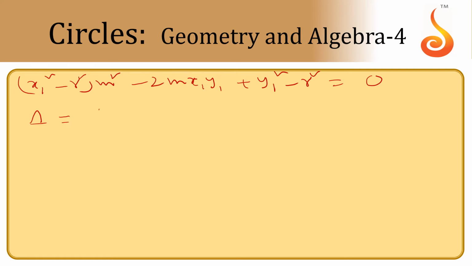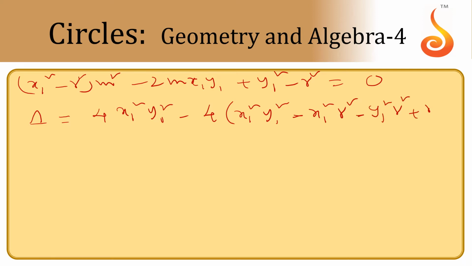So delta equals 4x1 square y1 square minus 4 times x1 square y1 square minus x1 square r square minus y1 square r square plus r power 4. So 4 common. If you simplify, 4x1 square y1 square gets cancelled, and if you take r square common, you will get s11.